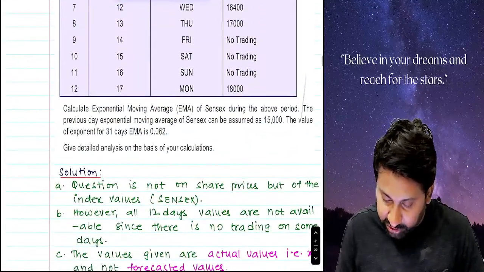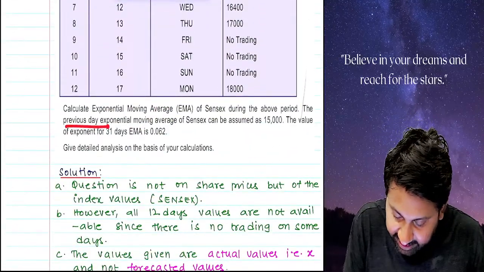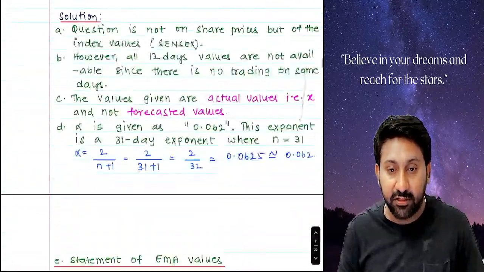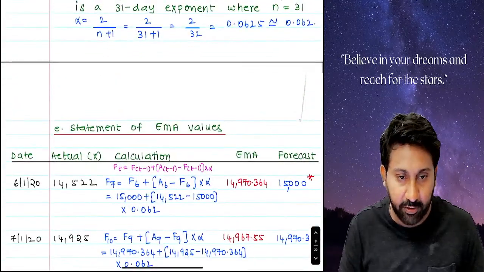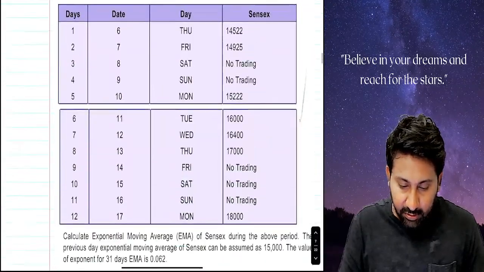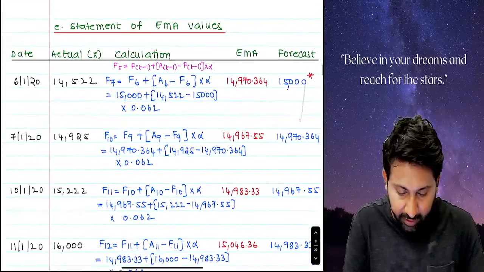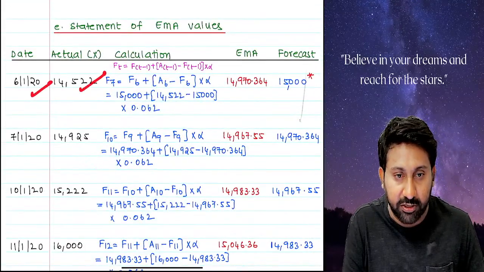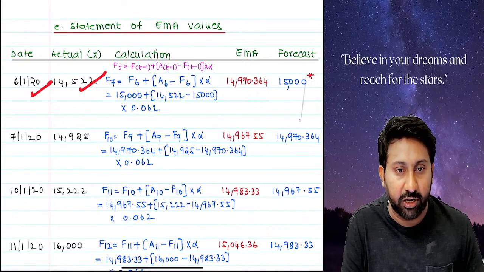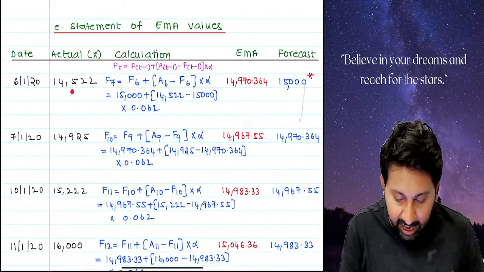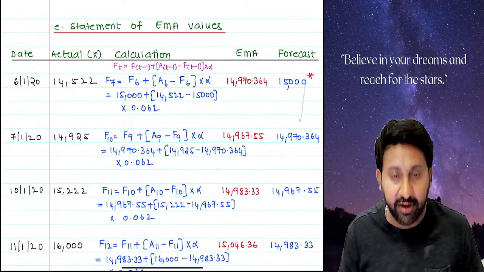That's why in the question, the previous day exponential moving average is assumed as 15,000. First, 6/1/2020. Actual is 14,522.